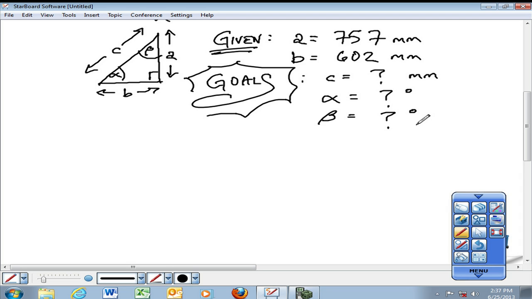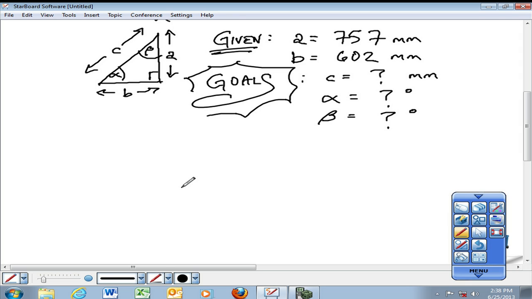Of course, in this case, being that we were not given any angles, we're going to want to whip out at least one, if not more, inverse trig functions, or arc trig functions, however you want to think of that.